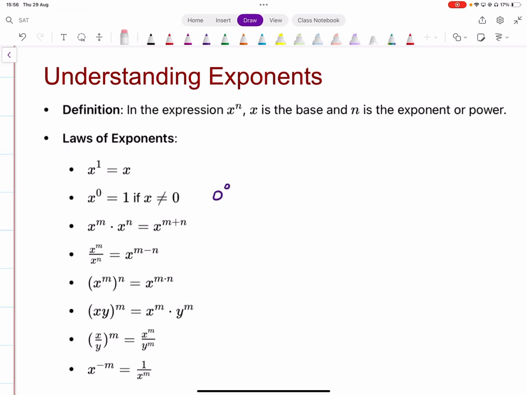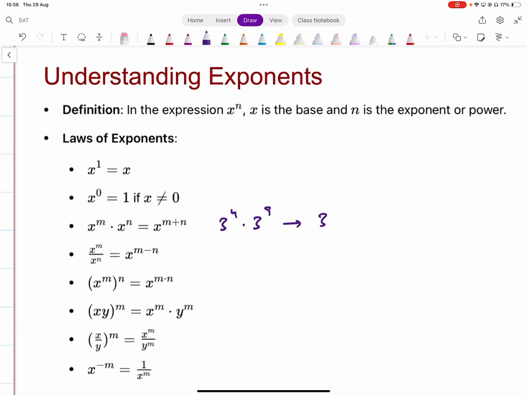Then you have these indices rules, x power m into x power n. If you have the same base and different powers, for example, 3 raised to power 4 into 3 raised to power 9, how can you write this?